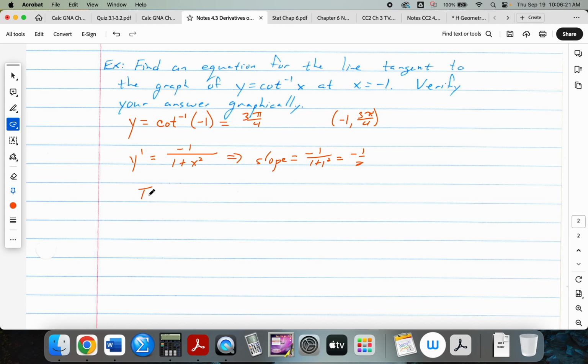So the tangent line will have an equation of y is equal to 3 pi over 4 minus 1/2 of x plus 1.